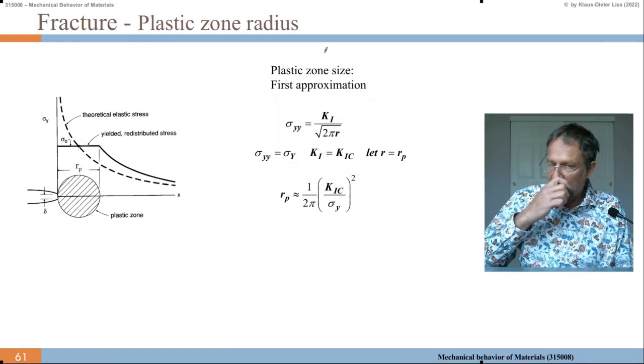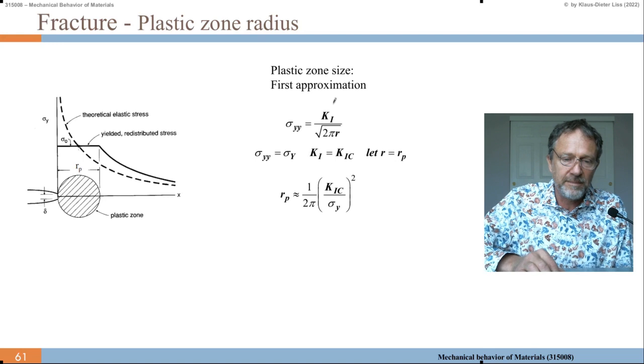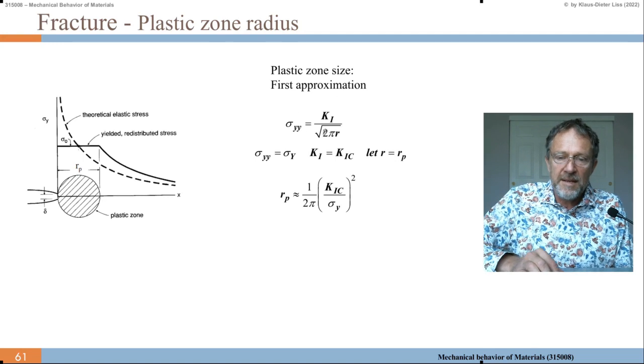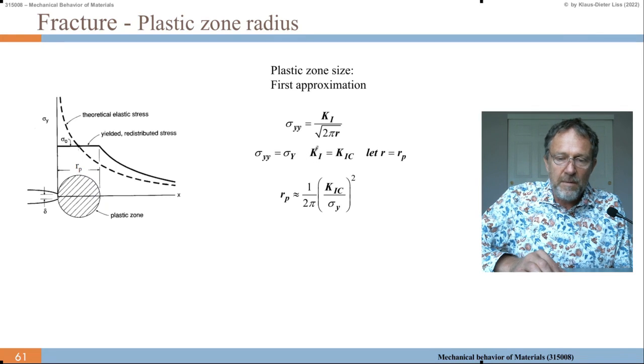So for the plastic zone size, in the first approximation we have sigma yy equals K1 over the square root of 2 pi r. If sigma yy becomes the yield stress, sigma y, then K1 equals K1c, and let R be the plastic zone, Rp.